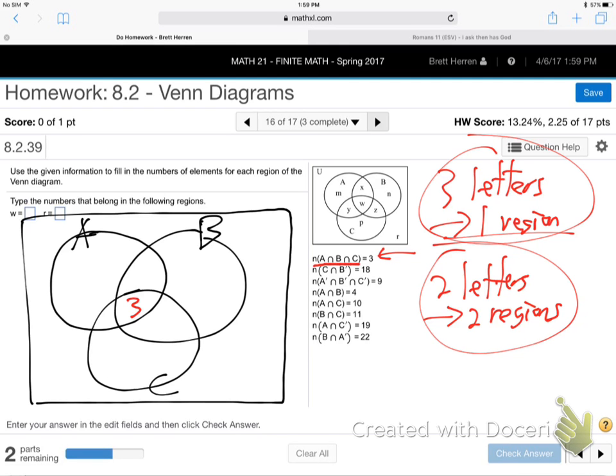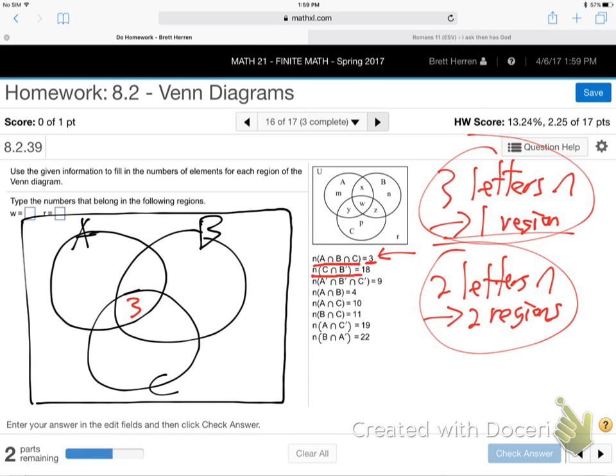They said A, overlap B, overlap C. So I knew right away that it was going to go in only one section, not 2 sections. Just one. Does that make sense? Actually, I should say, it's only for overlap that this is true. But that's what they're giving me, is a bunch of overlap. So 3 letters overlapped, 1 region. 2 letters overlapped will give you 2 regions. That's what we're getting in this next fact.